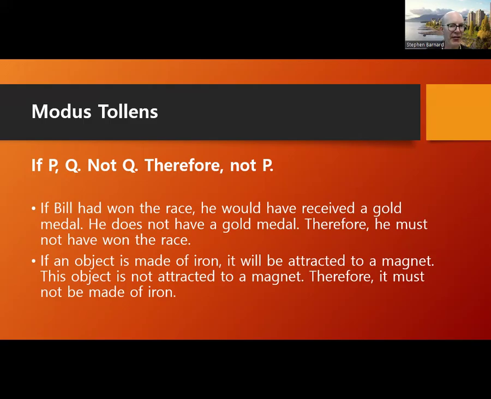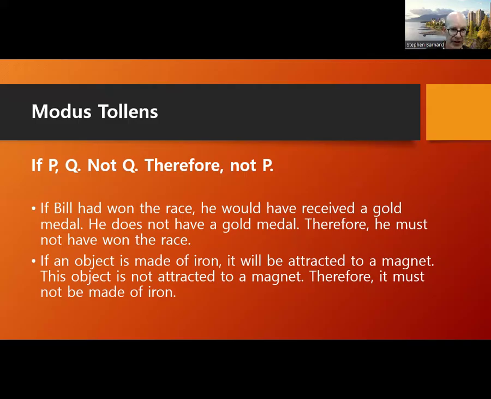Let's imagine you have a friend called Bill, and you know that your friend Bill ran a race earlier in the day, but you didn't go to the race, so you don't know if Bill won a gold medal or not. Well, if Bill had won the race, then he would have received a gold medal.